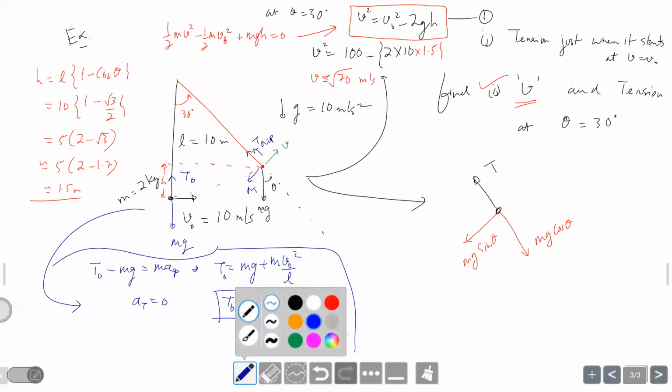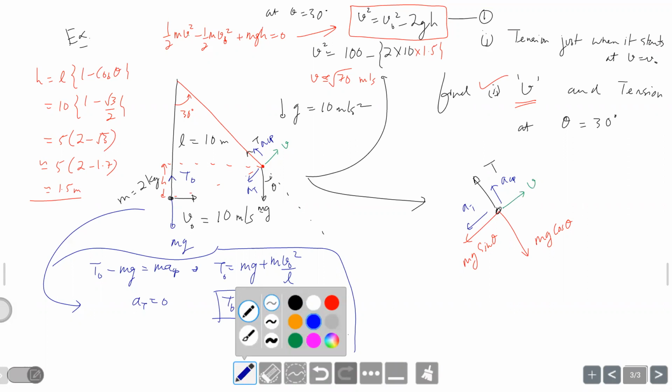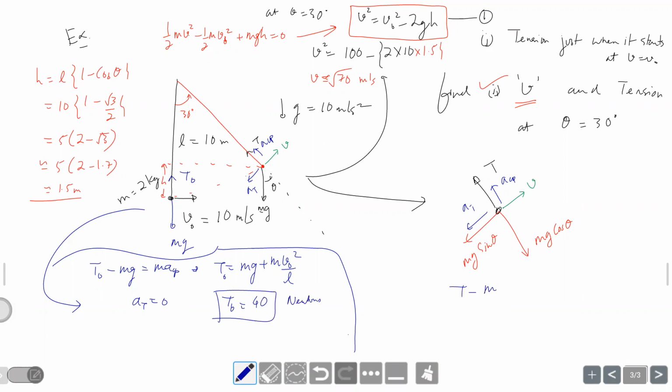Now this particle has centripetal axis and tangential axis. Yes, its instantaneous velocity is in this direction. So you can see the tangential axis, even though I'm not asked in the question, but it's good to note. So anyway, resolving the forces now, we have T minus mg cos theta is equal to mv square by L.